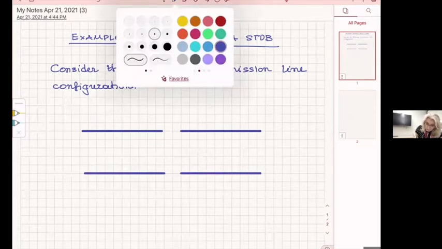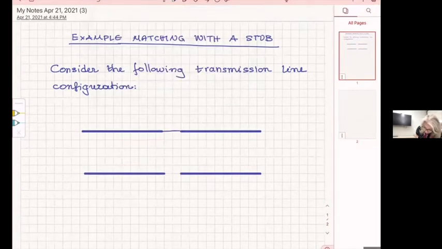And so these are connected. And this is A prime here, B, and B prime, C prime, D prime.